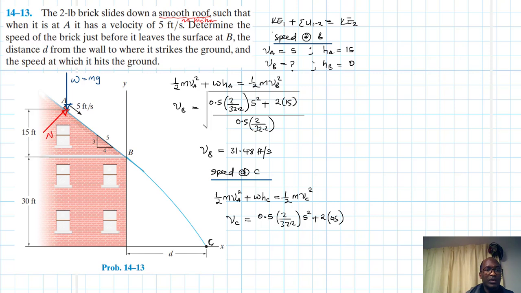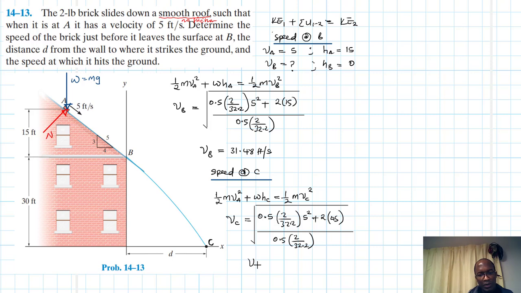Then we divide everything by 0.5 by m, which is 2 divided by 32.2. There we go, and then we have VC.